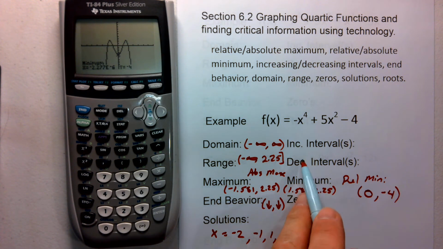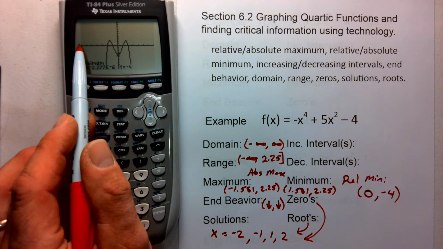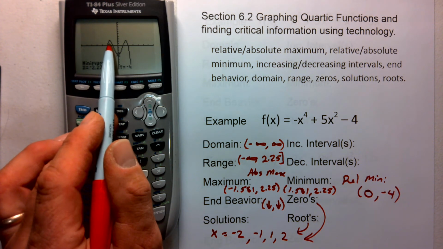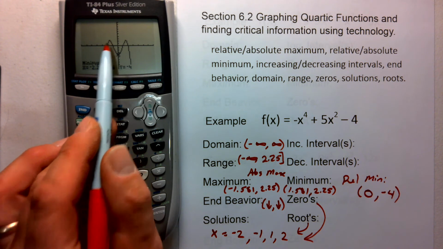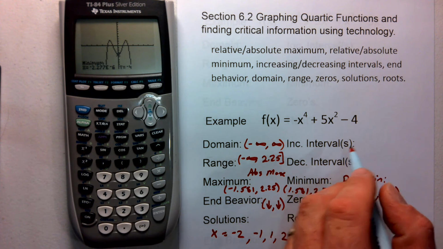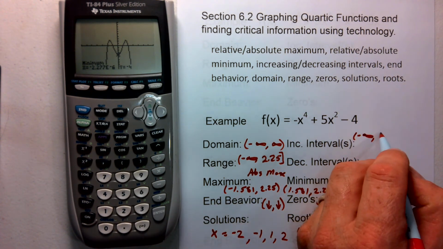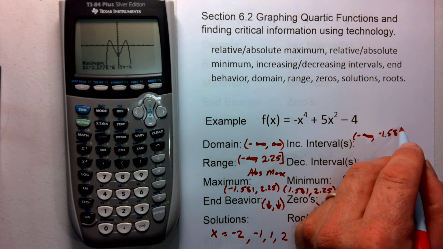So now let's talk about our increasing and decreasing intervals. So we're increasing. Again, we're talking about the x values, negative infinity, all the way to this point here, that x value. And remember, that's also part of that maximum. So our increasing interval is negative infinity to that negative 1.581.